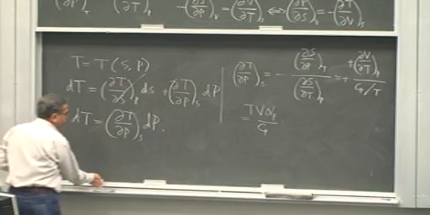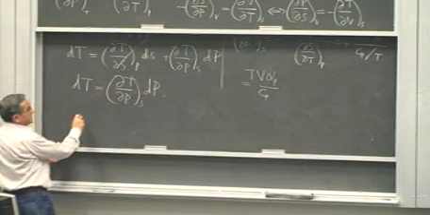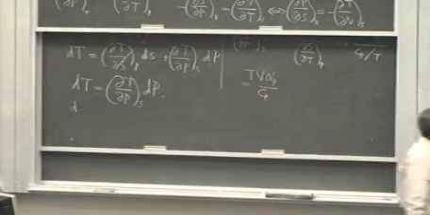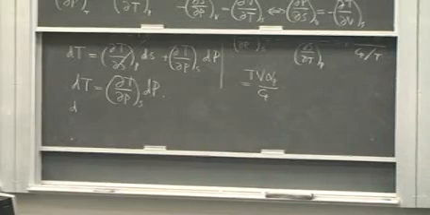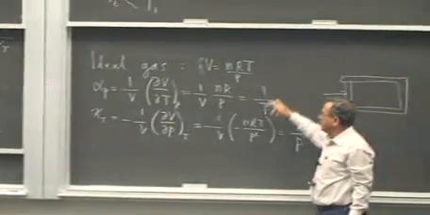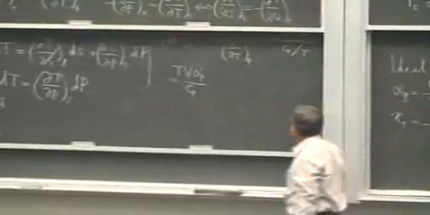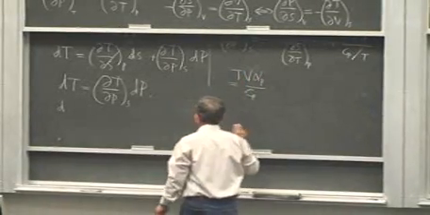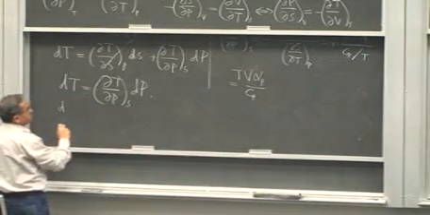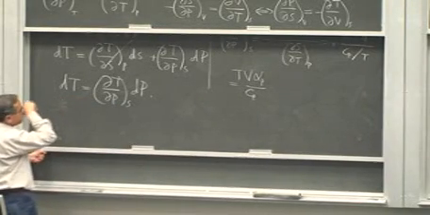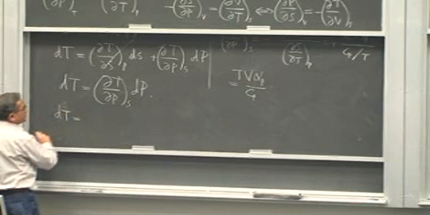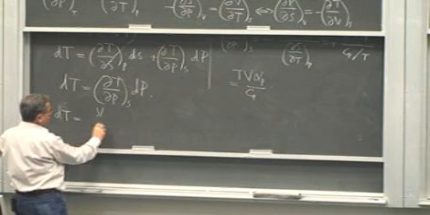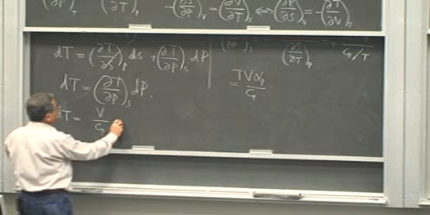And therefore dT, because it is an ideal gas, alpha P is equal to 1 over T, and therefore T and T cancel out, and you have dT is equal to V over Cp times dP.